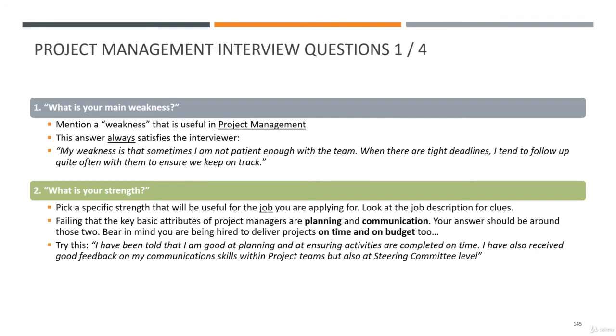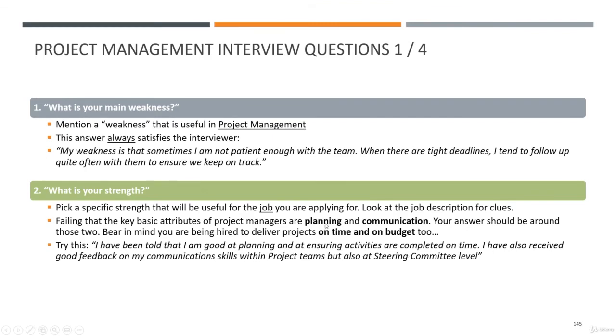But also, they hire you, usually, to deliver projects on time and on budget. So if you could mix these four things into one sentence, or just pick two out of the four, I think that would be a good standard blanket response, if you like. So try this: I have been told that I'm good at planning and at ensuring activities are completed on time.